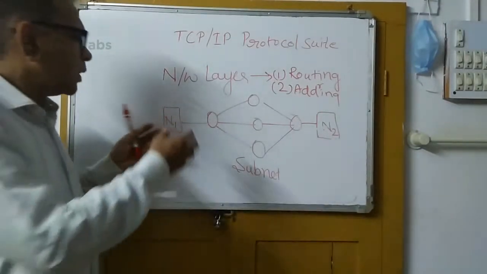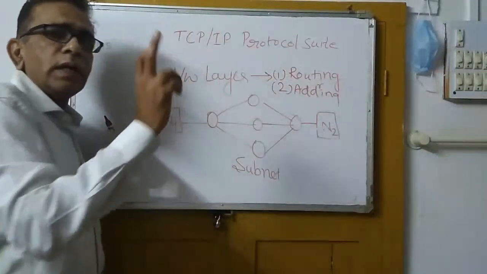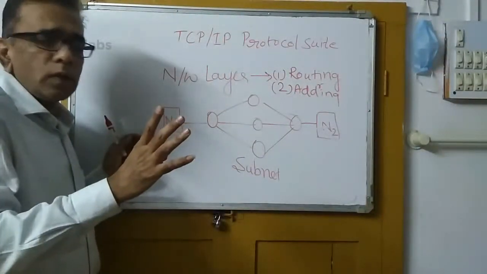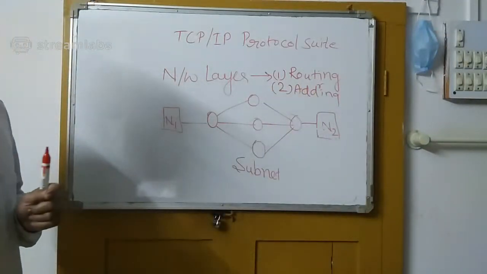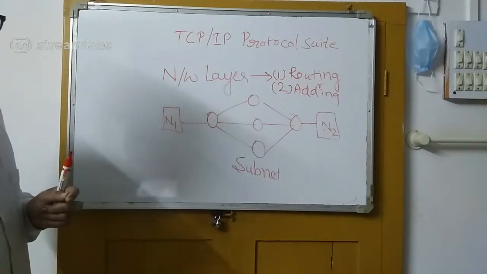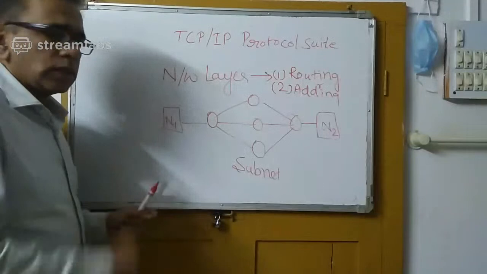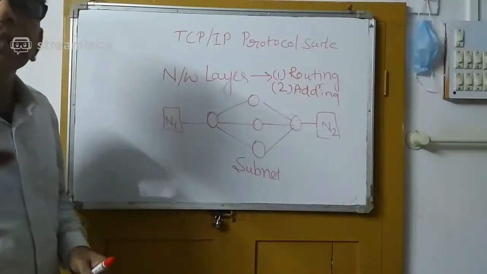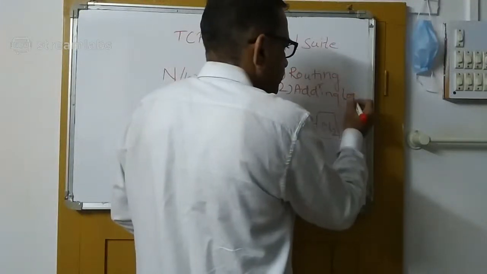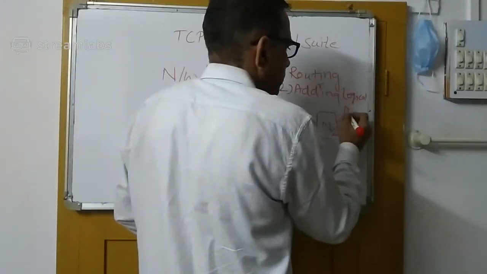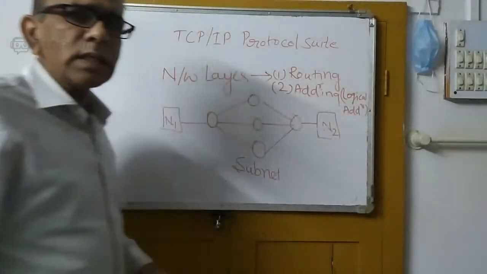It is mainly because the network layer is only capable of communicating with the network layer entity on the other side, so it needs the support of addressing. What kind of addressing does it use? We call it logical addressing.